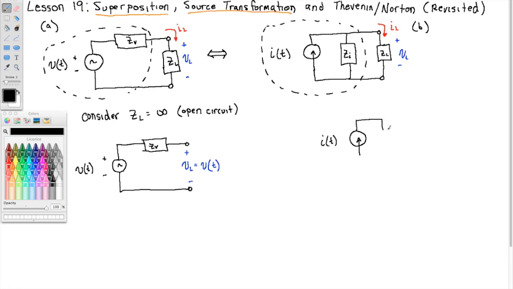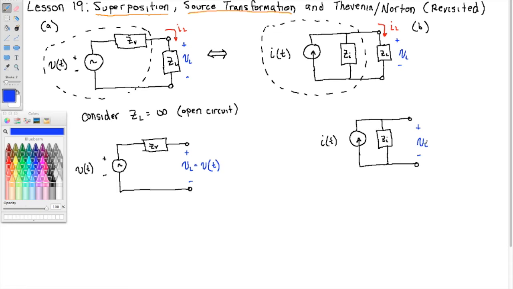And remember, we said that if I connect the same thing, an open circuit here, I have to get the same voltage. Well, how much voltage do I get in picture B? The current I of t comes up to the top node, and it can't go through the load because the load is open, so it has to go through Zi.